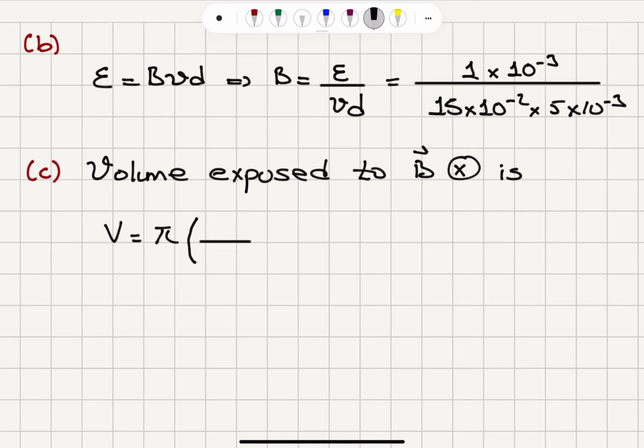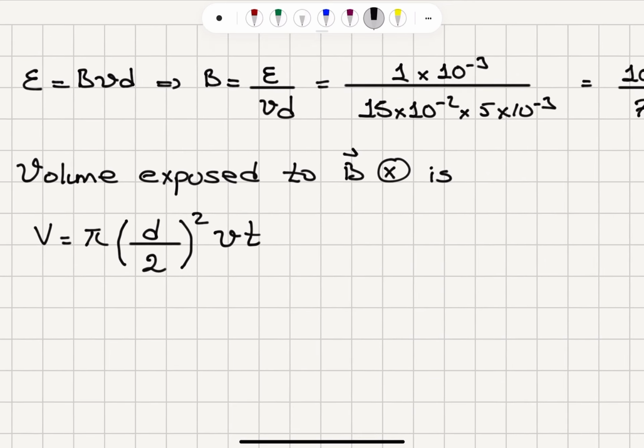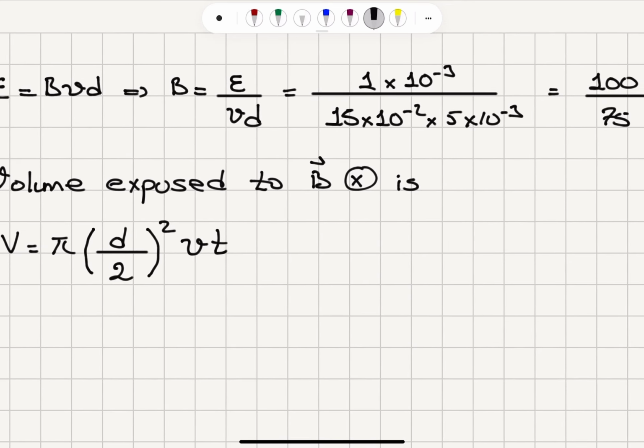The radius is diameter divided by 2. So pi r squared is pi (d over 2) squared, and Vt. So in a time interval t, starting at t equal to 0, we enter the magnetic field. We have this volume. Now, what is dV dt? Rate of volume flow. It is pi d squared over 4 times v, its speed.